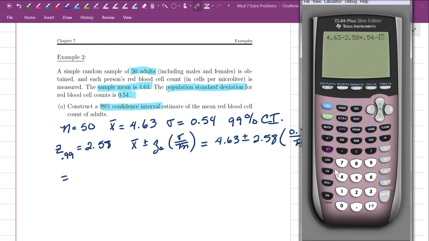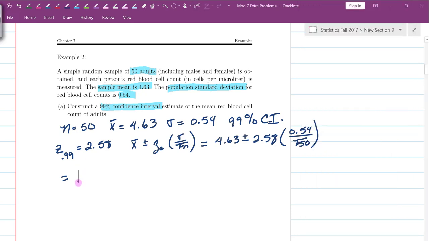What's my sample size? 50. And I hit enter, and I get my lower bound to be 4.43.